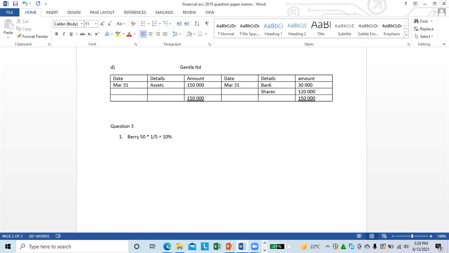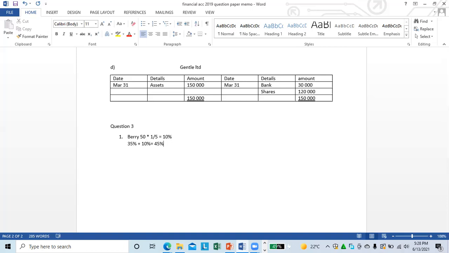So Rita has how much currently? You're told that she has 35%, and then she bought 10% from Barry. So how much will be her interest now? Her interest will be 45%.